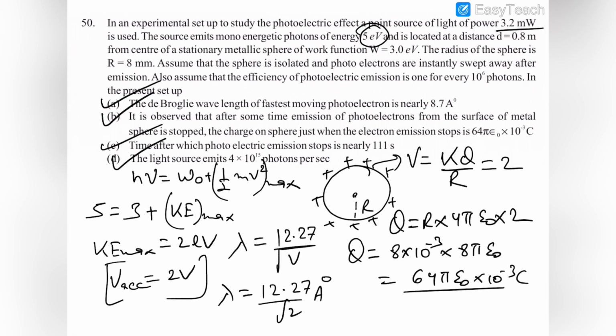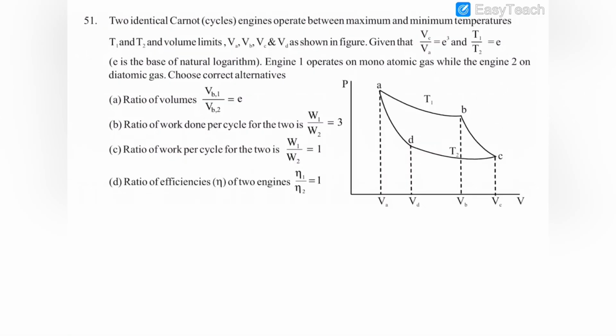Now we move on to the next question. In this question, you can see that there are two Carnot cycles and Carnot engines which are operating between the same maximum and minimum temperatures of T1 and T2. Their initial volume is the same, which is Va, and then this cycle represents the different stages.